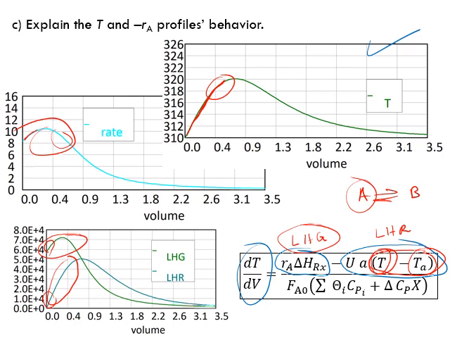Okay? So now the difference between the temperature inside the reactor and the temperature outside has increased, therefore the localized heat removed is increasing as well. But still the localized heat generated is more than the localized heat removed. That's why the temperature continued increasing.